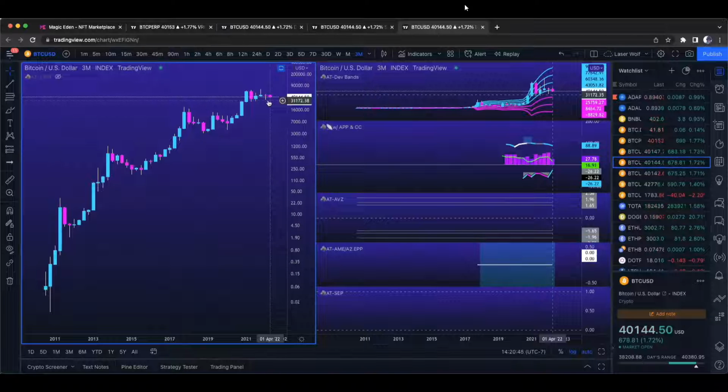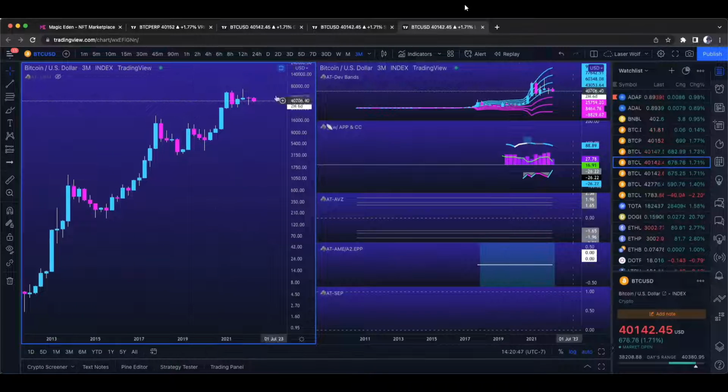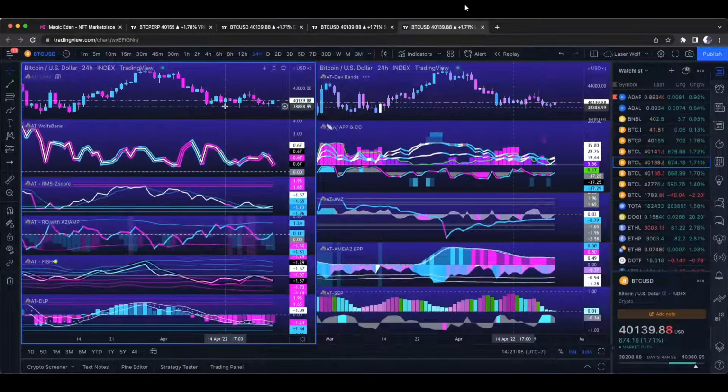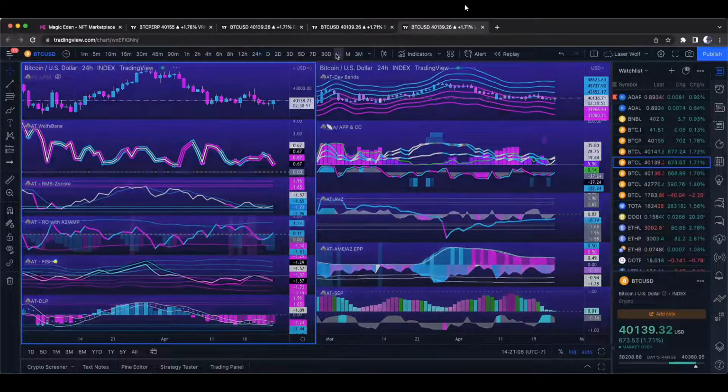Look at this on the quarterly. That's just reading price action. This is woof. Pretty spectacular. That's what I'm getting at. Pretty spectacular looking chart. So back to the weekly.